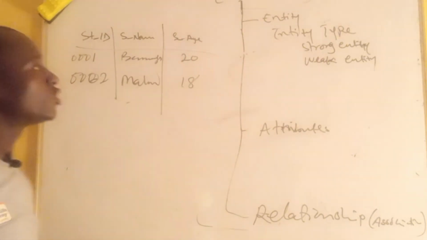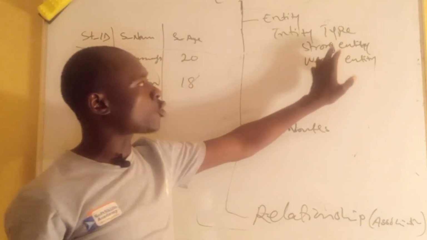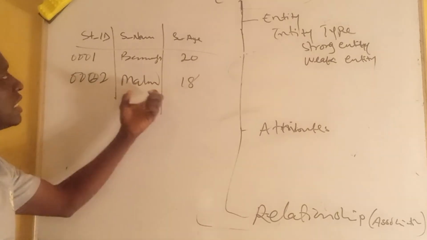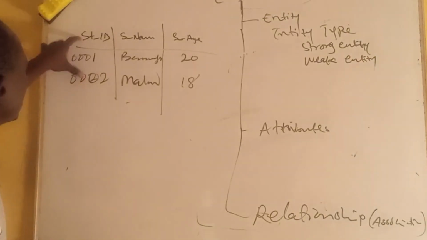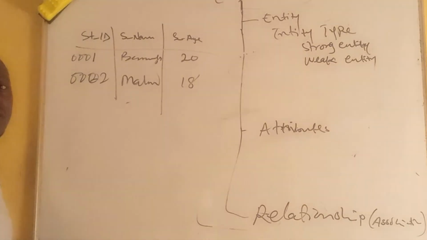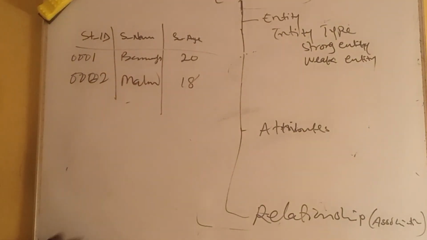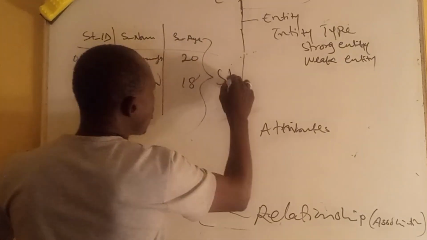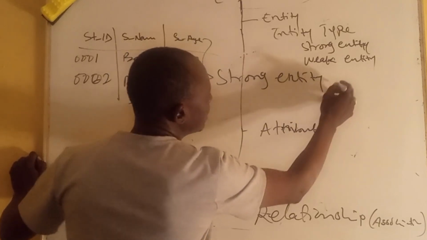So if we are talking about a strong entity, we are talking about entities that are having a primary key like this, which can be easily identified, like a matrix number or something. So this very table we can call a strong entity type, right?